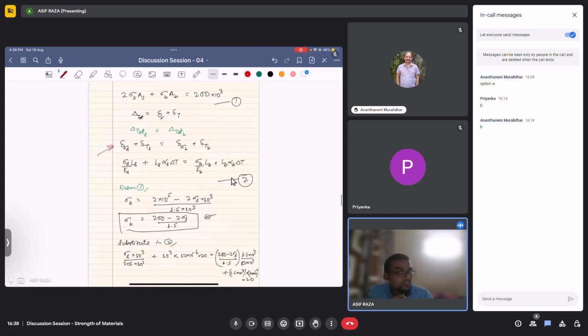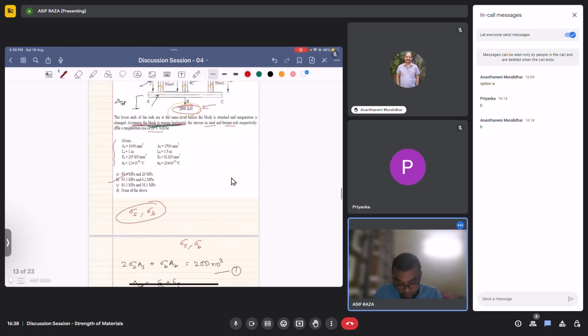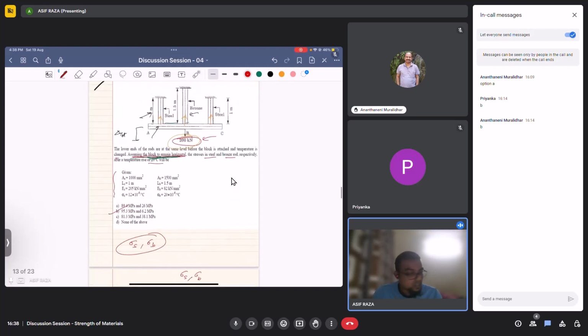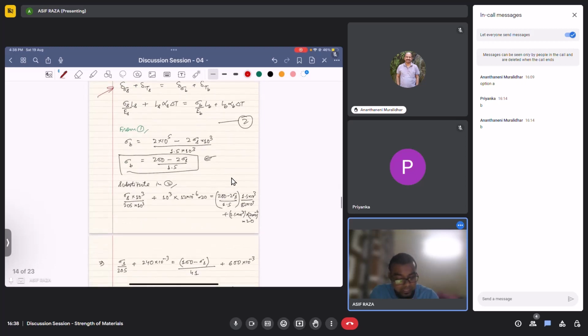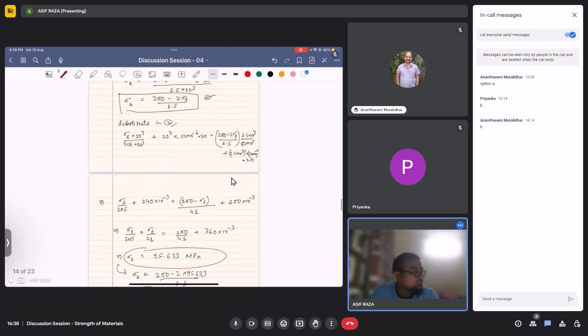In that case, the total strain in the steel would be equal to the total strain in the branch, so that the rod would be horizontal. There won't be any inclination. So I hope this is correct and resolved.